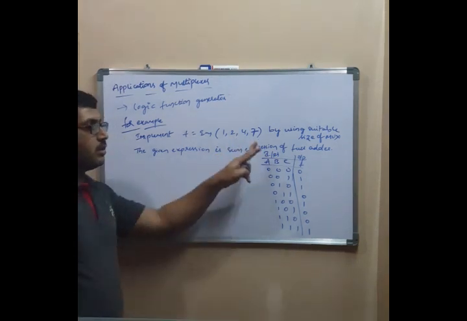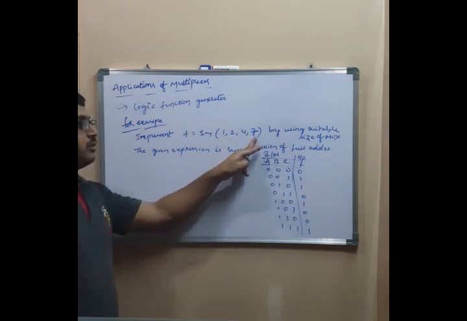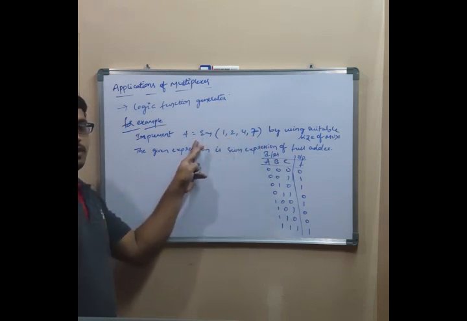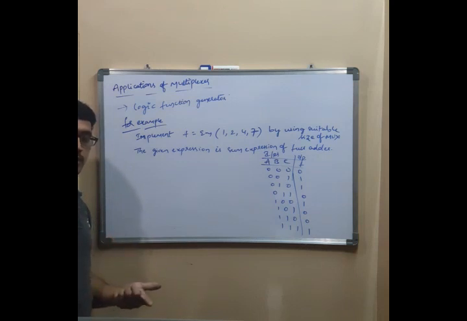So as there are three variables, the maximum minterm value is 7. We have assumed that it is a three variable function. So I am going to select a multiplexer which has three select inputs. Three select inputs are there in case of 8 into 1 multiplexer.